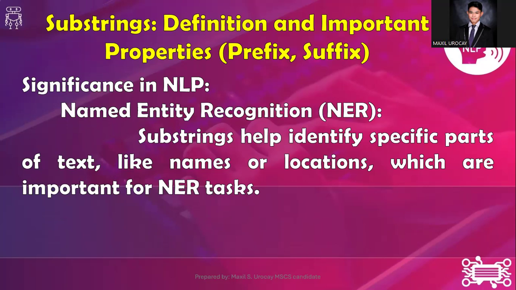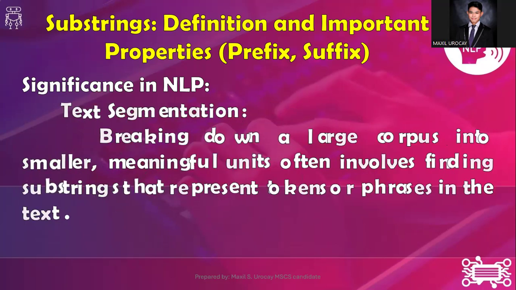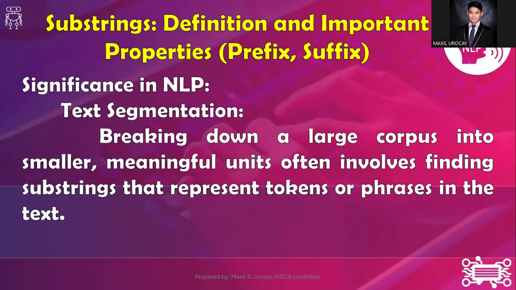Okay. So for text segmentation, breaking down a larger corpus into smaller, meaningful units often involves finding substrings that represent tokens or phrases in the text. Text segmentation relies heavily on identifying substrings that represent meaningful units such as tokens, words, or phrases.